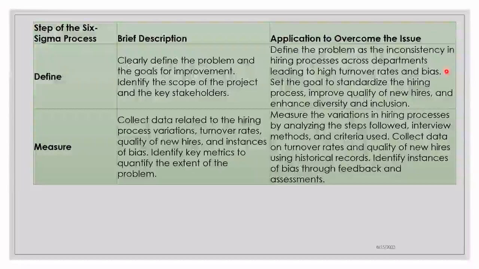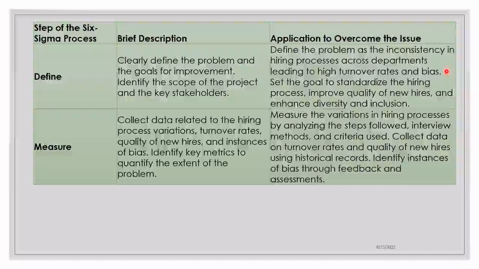Then again, collect the data on turnover rates and quality of the new hires. Whatever the method, you can measure the percentage of quality hires and the turnover rates across the different departments. Identify instances of bias through the feedback and assessments.